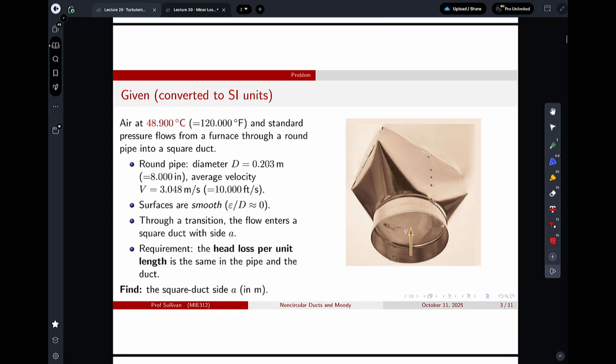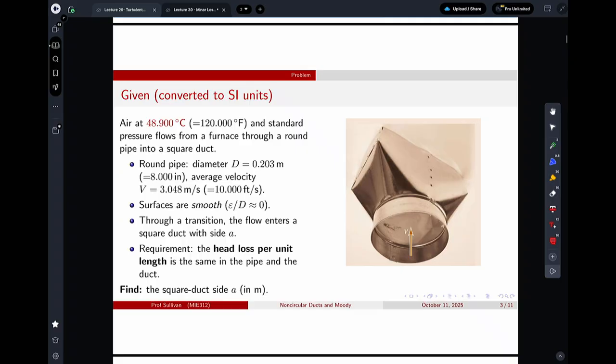Basically, it's 120 degrees Fahrenheit, which is 48, 49 degrees Celsius. Round pipe diameter of 0.2 inches, or meters, and a velocity of 3.05 meters per second. All of those are sort of direct conversions. Surfaces are smooth, so epsilon over d is equal to 0.